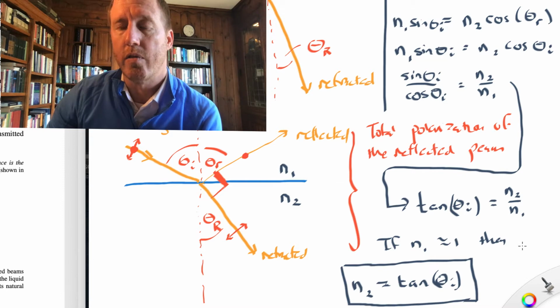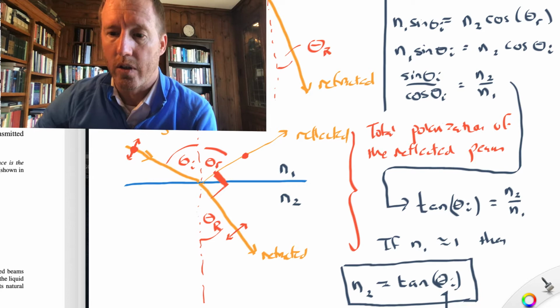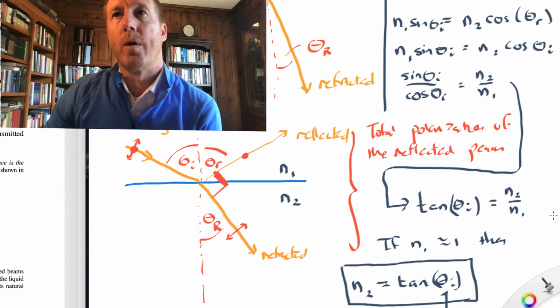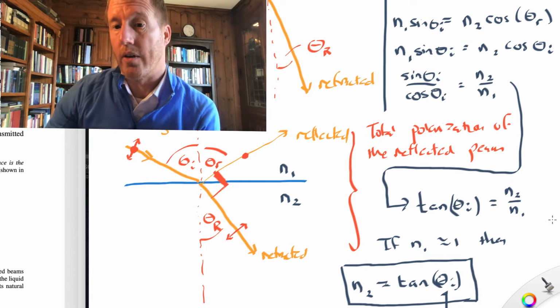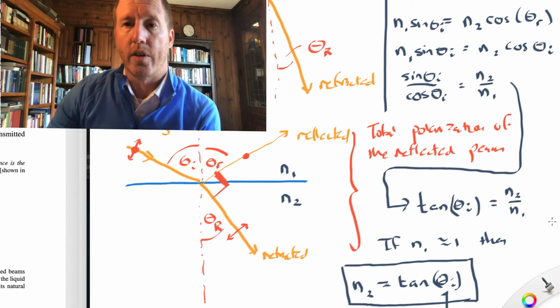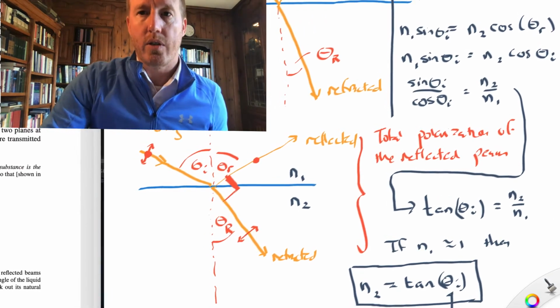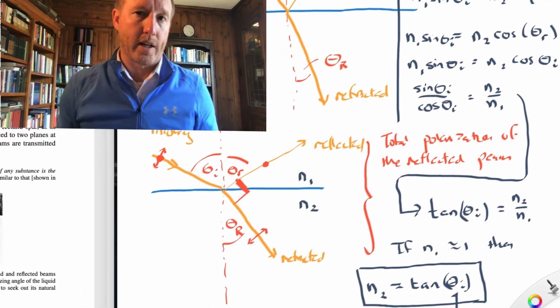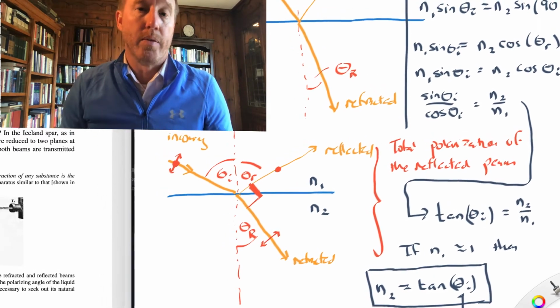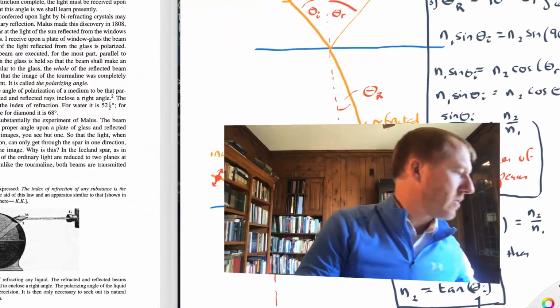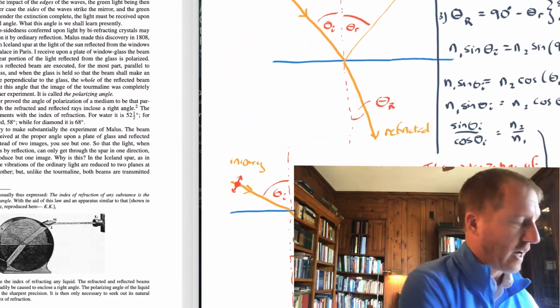Namely, when the reflected ray is completely polarized, that is the angle called Brewster's angle, when the incidence angle is equal to the Brewster's angle, that is when the reflected ray is completely polarized, and then we can use that to find the refractive index of the glass. Okay, so that's something that you studied in lab this past week. You measured the refractive index of glass by measuring the Brewster's angle, the angle of complete polarization of the reflected ray.